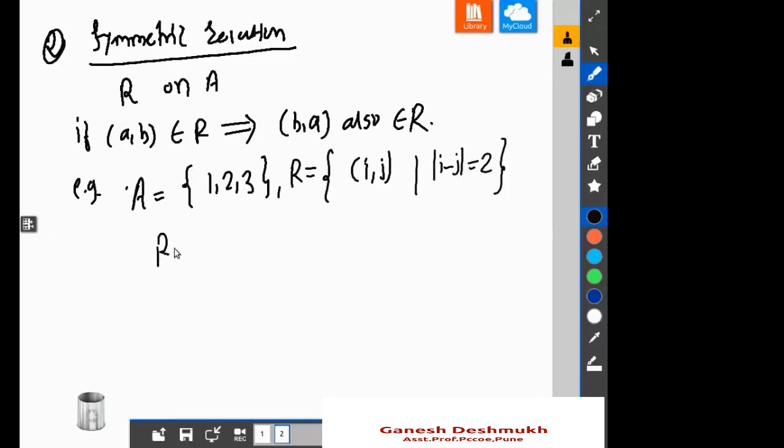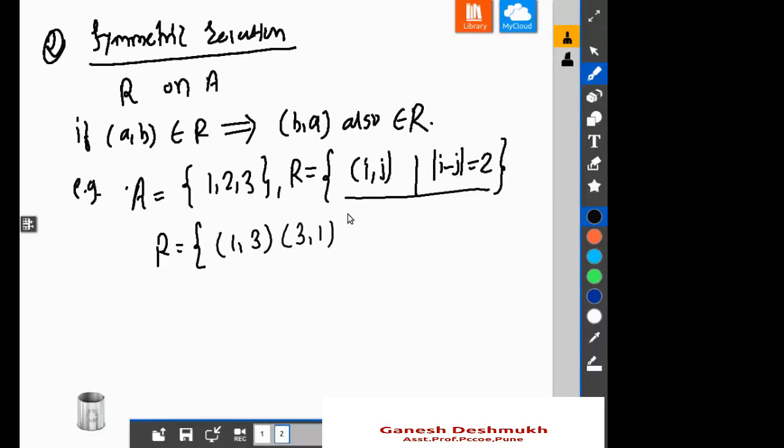So how can we write relation R defined this way? If I take pair (1, 3), so modulus of 1 minus 3 becomes 2. So I can write pair (1, 3). So I can also write the pair (3, 1) as mod of 3 minus 1 is 2.